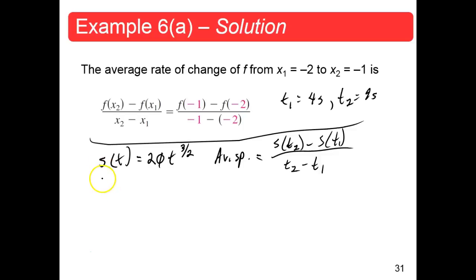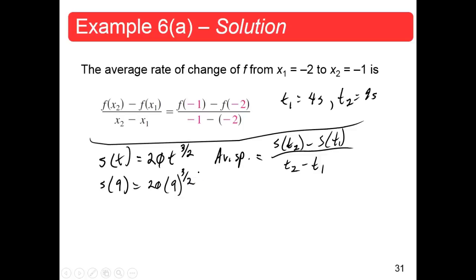First thing we're going to have to do is figure out what S of 9 would be. S of 9 would then be 20 times 9 to the 3/2 power.